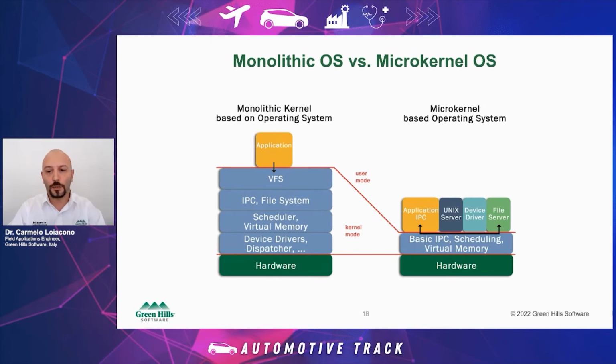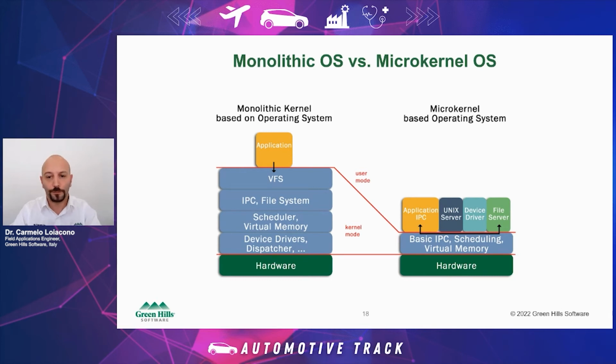So let's look at the difference between Linux, which has the monolithic kernel, and the separation microkernel, where we have really a microkernel. The difference is that in the monolithic kernel, all the services are running in the kernel: the network stack, the device driver, everything is running in kernel mode.